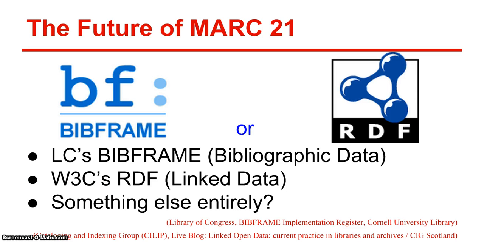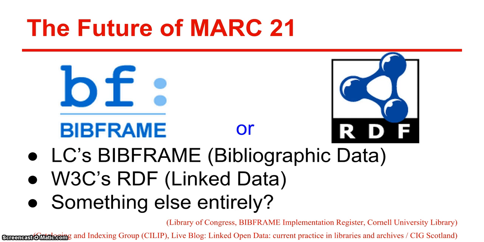In conclusion, I want to point out that after over half a century, MARC 21 may have outlived its usefulness. Just as AACR3 was so different from AACR2 that it was rebranded as RDA, MARC is so antiquated by its connection to the library card catalog that a new encoding schema called BIBFRAME is being developed by the Library of Congress.